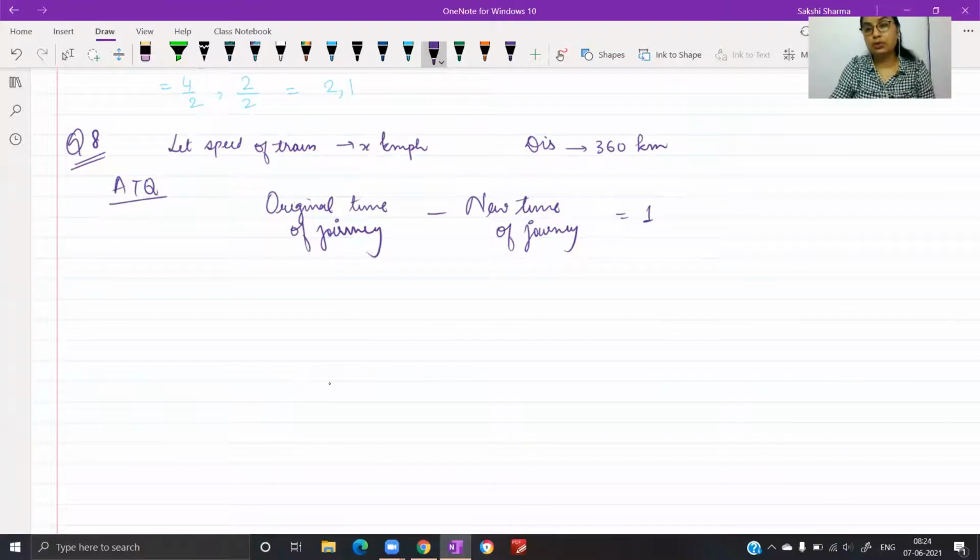This is what's given to you. You can also do it by making cases. What will be the time taken to complete this journey? 360 by x. And then what's the new speed? What will be the new time? And then according to the question, the new time is less than the original time for the journey by 1 hour. And then you can form your equation. This will be 360 over x minus 360 over x plus 5 equals 1. I've used distance over speed.